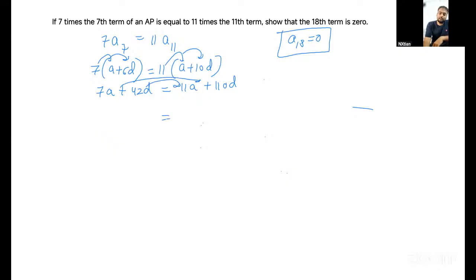So it becomes 11A minus 7A is plus 1110D minus 42D. So it will become 4A plus, if you subtract it, what will you get? 68D. Understood, guys? Is equals to 0.